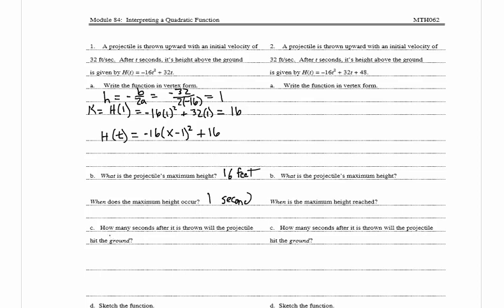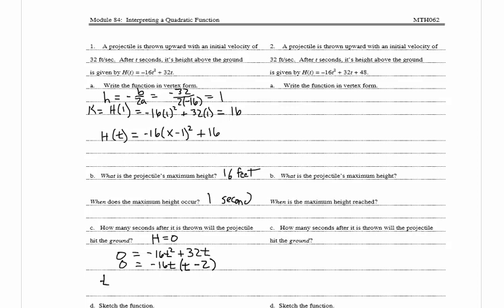And in C, they want to know how many seconds after it is thrown will the projectile hit the ground. And to find when the projectile hits the ground, we need to know the x-intercepts. So we're going to set h equal to 0. So we're going to have 0 is equal to negative 16t squared plus 32t, which we can factor to 0 is equal to negative 16t times t minus 2.